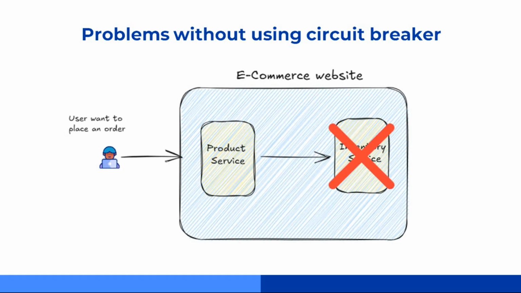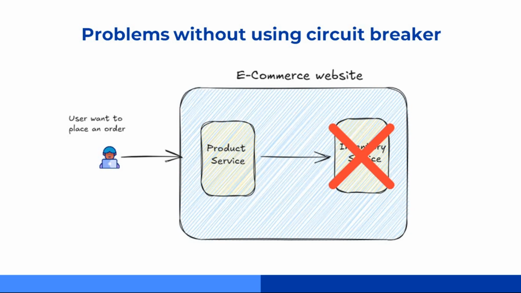Alright, now imagine the inventory service goes down, the user is still placing an order, product service receives the request, but when it tries to talk to inventory, it finds "Arey yaar, service not available." There could be many reasons. Timeout, crash, or maybe resource exhaustion like memory limits.